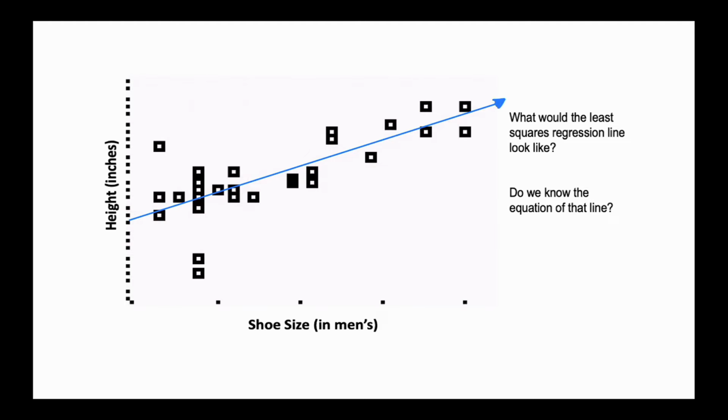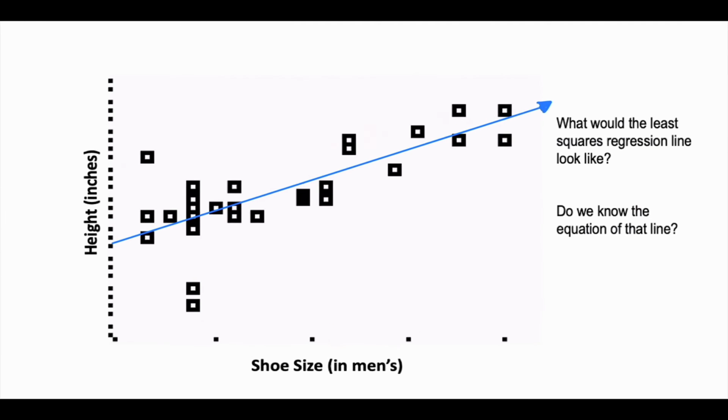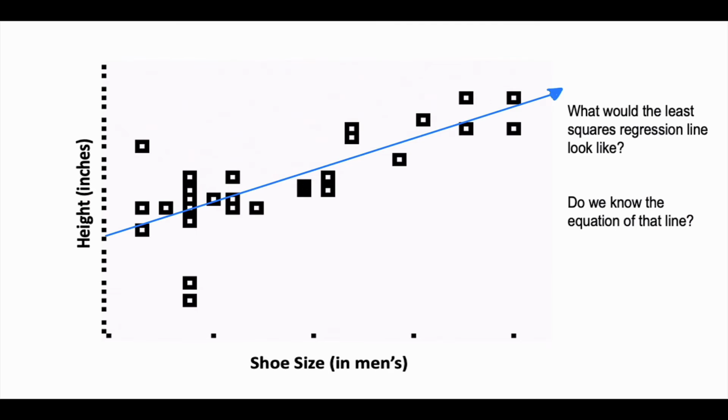Yeah, there's an actual specific reason involving calculations. It's the reason why we call it the least squares regression line. What the calculator does, and the calculator is amazing, is when you just hit enter it calculates the distance between all of the dots and the blue line. 31 distances.